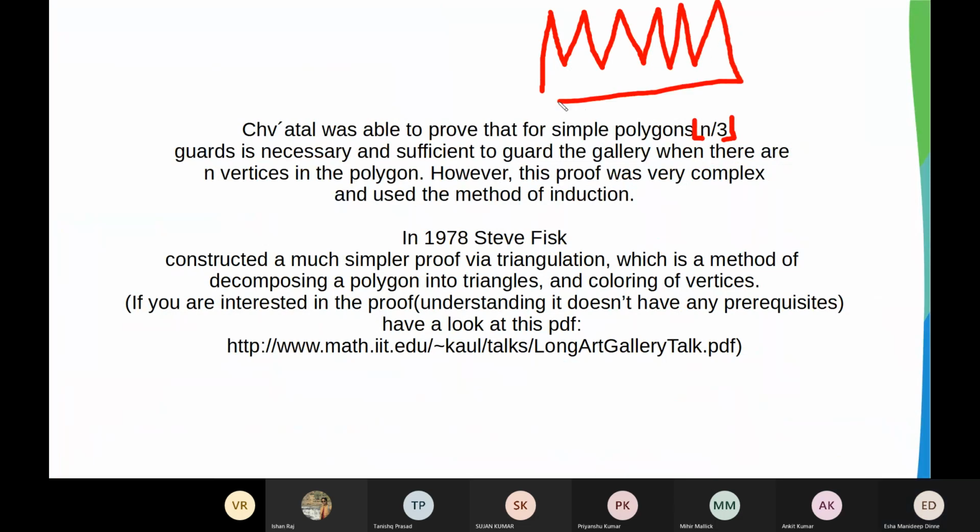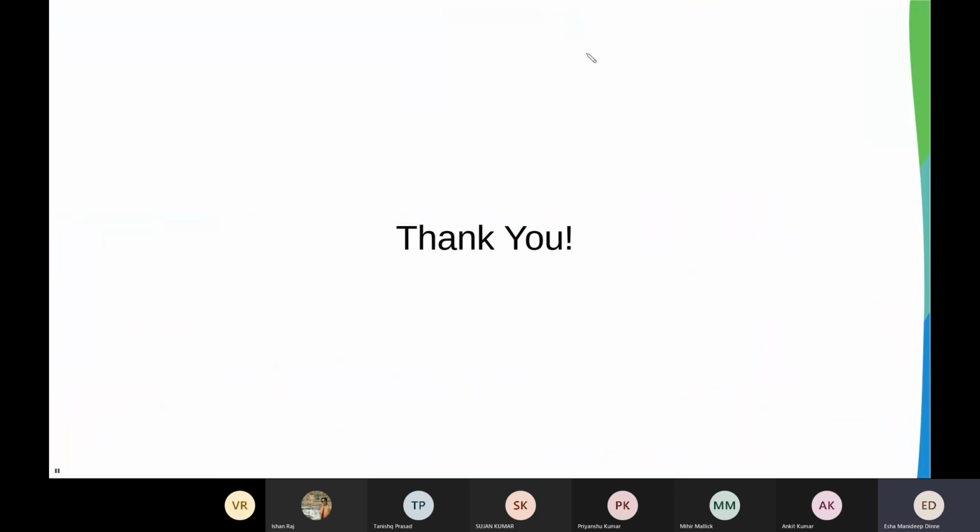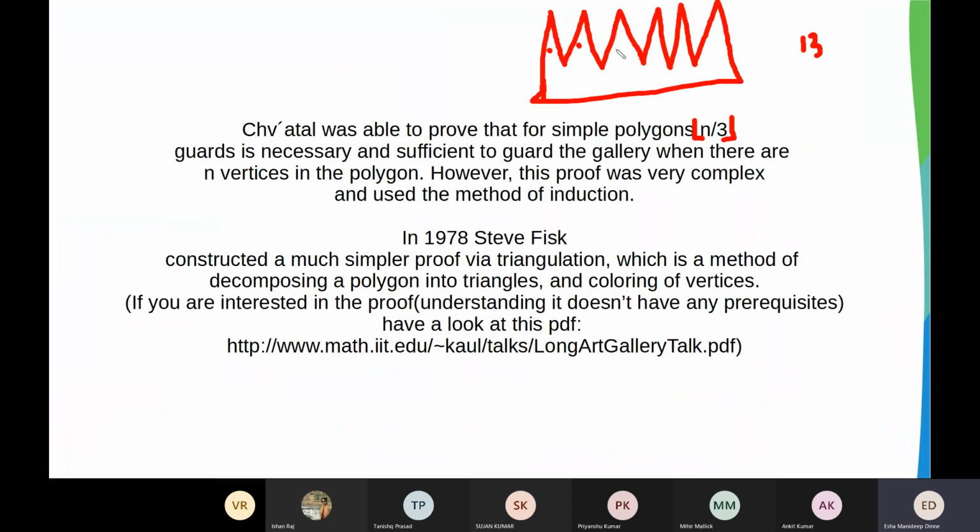If you want to think about it, see how many sites there are. 2, 4, 6, 8, 10, 12, 13 sites. And how many guards do you think we'll be needing? For each of these, you'll be needing at least one.